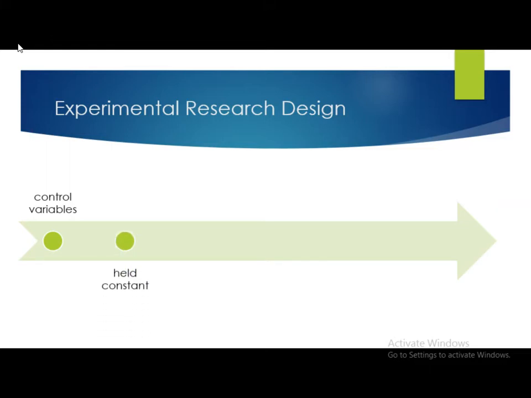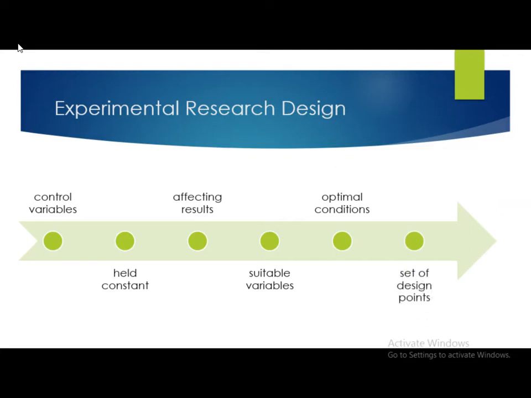Experimental design involves not only the selection of suitable independent, dependent, and control variables, but also planning the delivery of the experiment under statistically optimal conditions given the constraints of available resources. There are multiple approaches for determining the set of design points, such as unique combinations of the settings of independent variables to be used in the experiment.